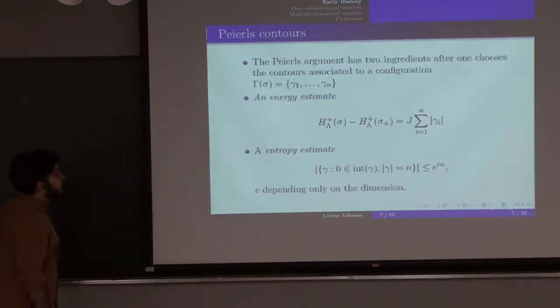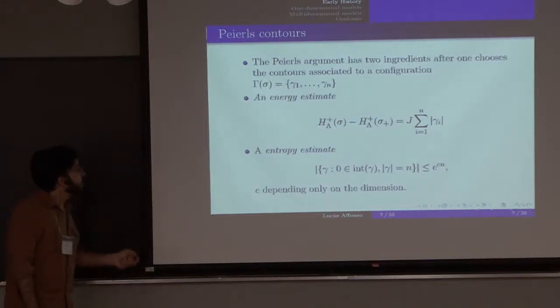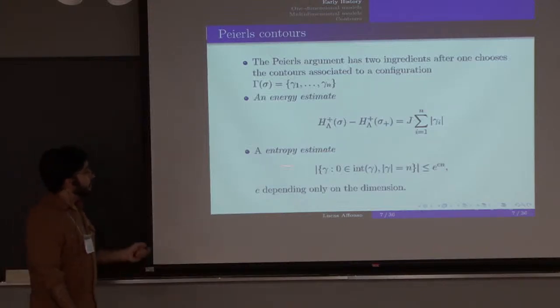So the idea for the Peierls argument to work is that after you have your ingredient given by the contours, you have to have an energy estimate. In this case, for the nearest neighbor Ising model, the estimate is actually an equality.